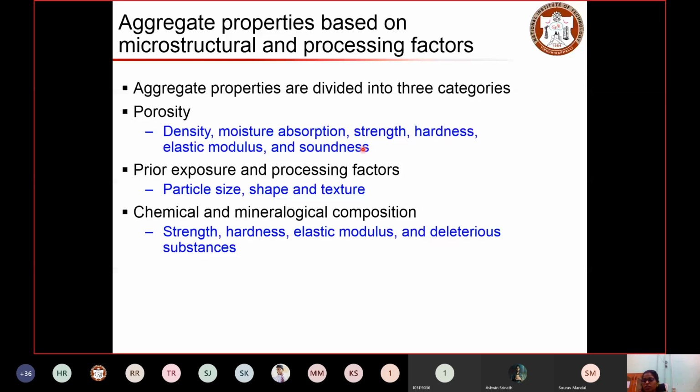Prior exposure and processing factors, to sum up what we saw in the previous slide, have a significant influence on particle size, shape, and texture. And chemical and mineralogical composition has a tendency to influence strength, hardness, elastic modulus, and deleterious substances.